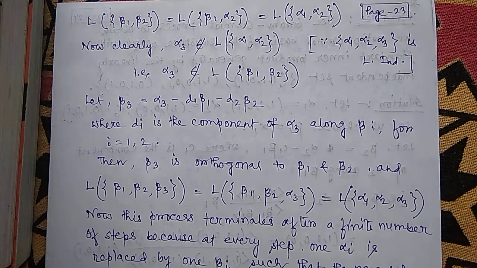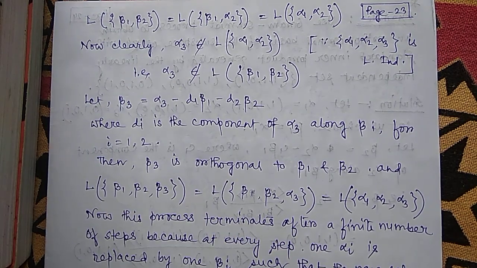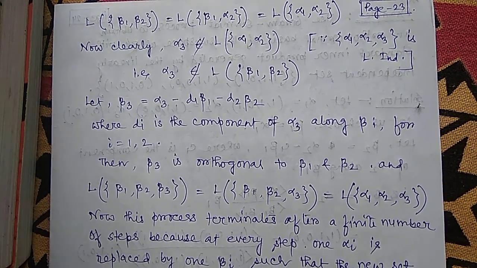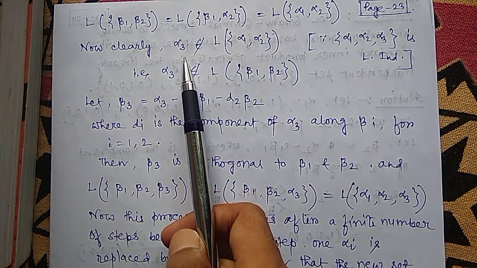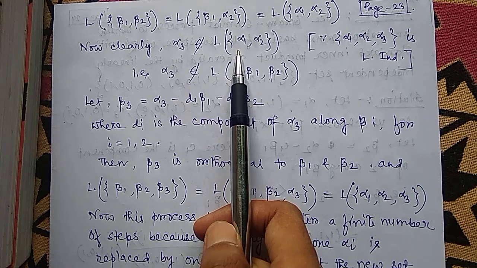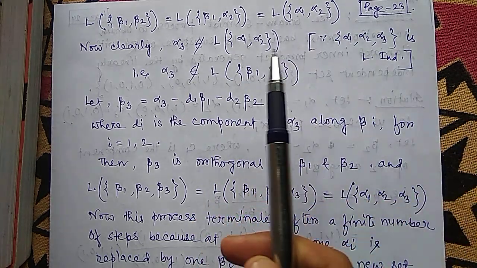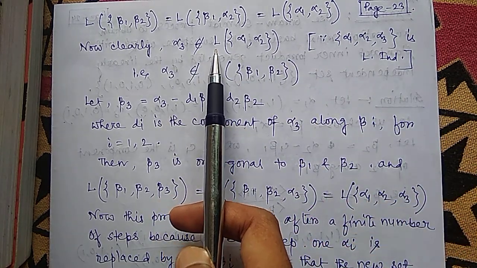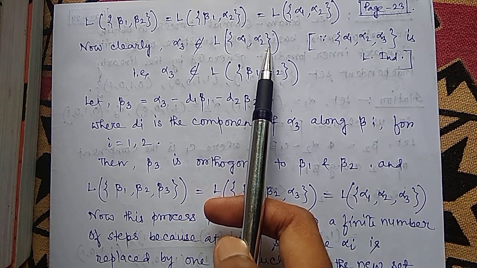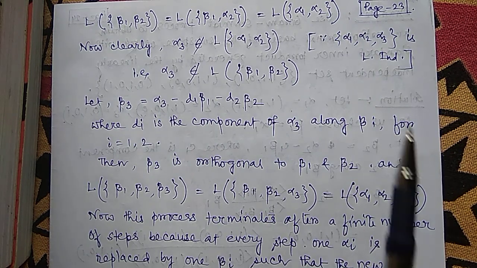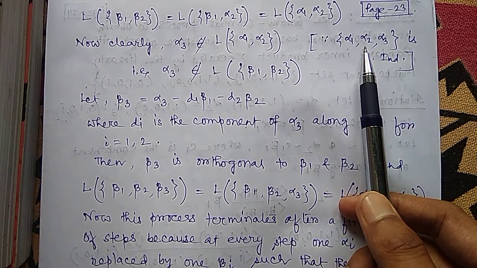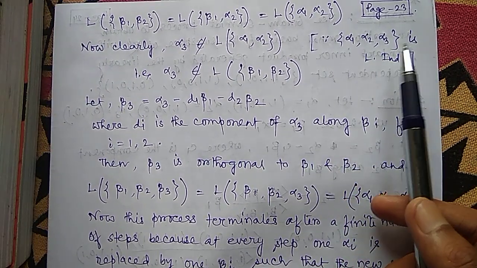Okay, now another claim is alpha 3 cannot be in the linear span of alpha 1, alpha 2, because if alpha 3 is in the linear span of alpha 1, alpha 2, then we have already got that alpha 1, alpha 2, alpha r are linearly independent vectors, and so alpha 1, alpha 2 and alpha 3 are also linearly independent.